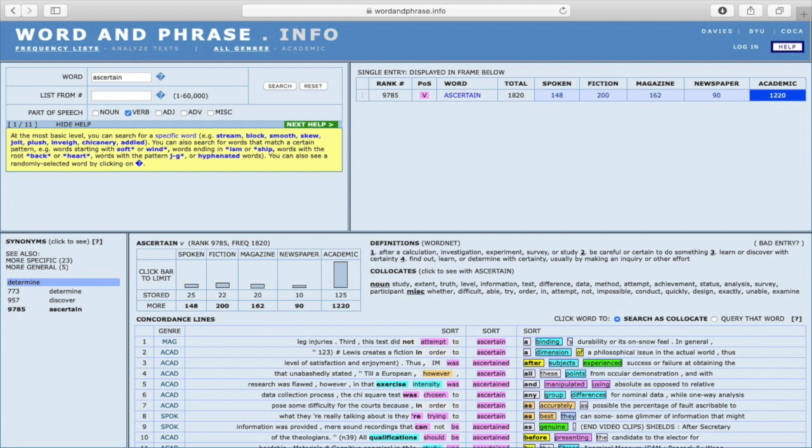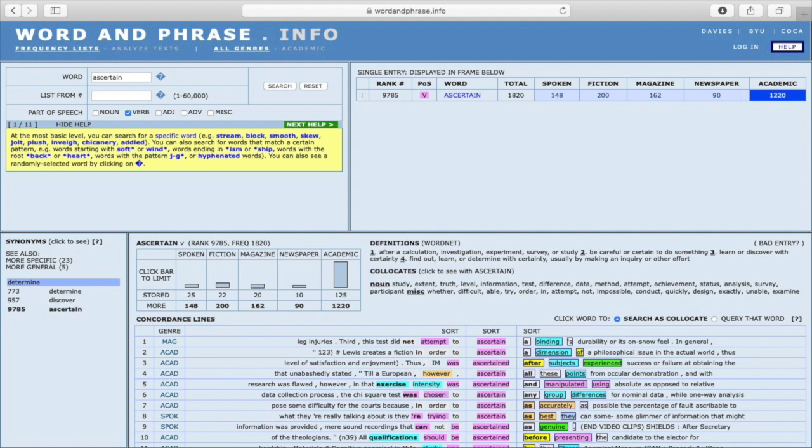So let's think about other words for ascertain. So ascertain has a frequency in the English language of being the 9,785th most common word. It's an unusual word. So already I'm thinking I'd be keen not to use this. Now, if you type that into a word frequency website, or maybe use a thesaurus to get some ideas of words and then put these into the word frequency website, suggested alternatives are determine or discover.